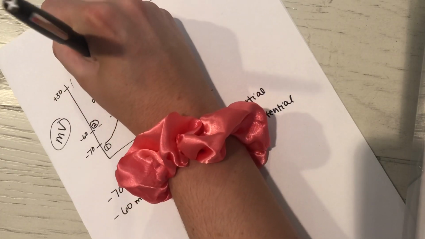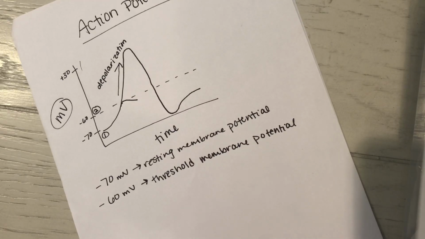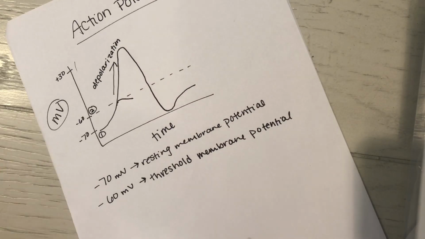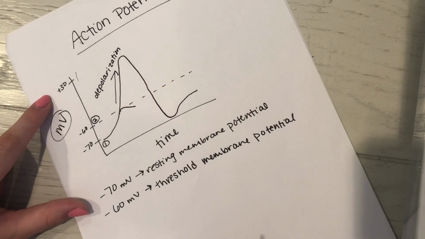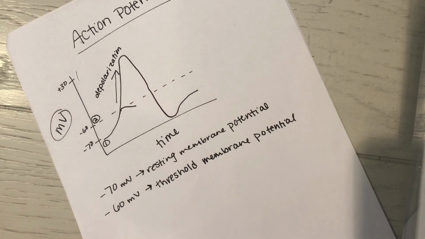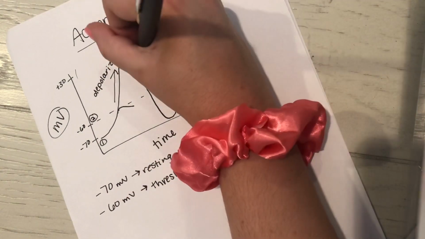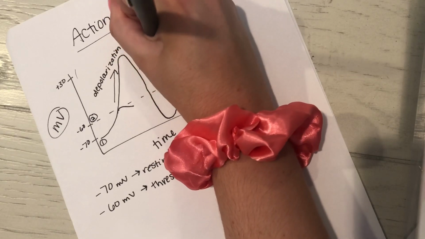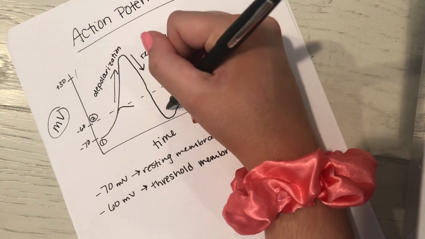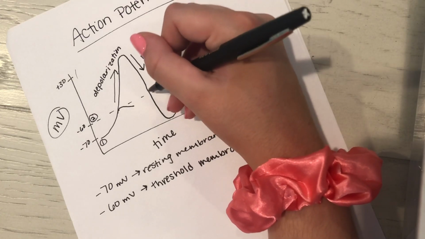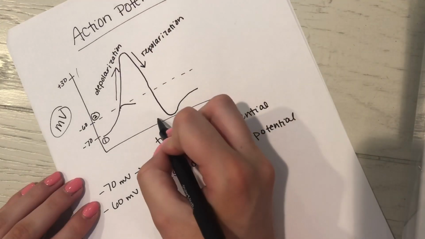depolarization. With depolarization, we see the charge getting more positive, heading up towards that +30 that we see right here. Then we see it going back down this way. That's going to be our repolarization. Then right here we see it dip below the threshold and below the resting membrane potential.